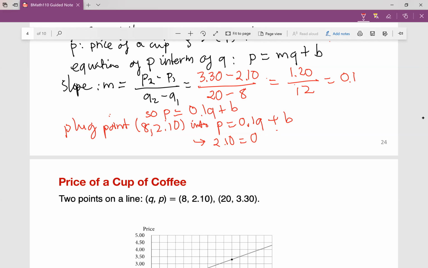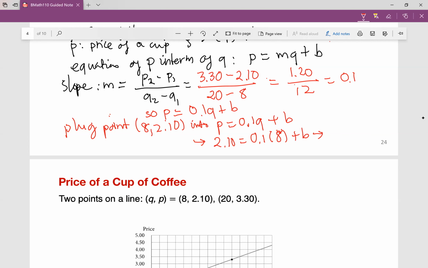Okay, let me make it 0.1 times 8. It is 2.10. All right. Look, not really beautiful. 2.10 equal to 0.1 times 8 plus B.